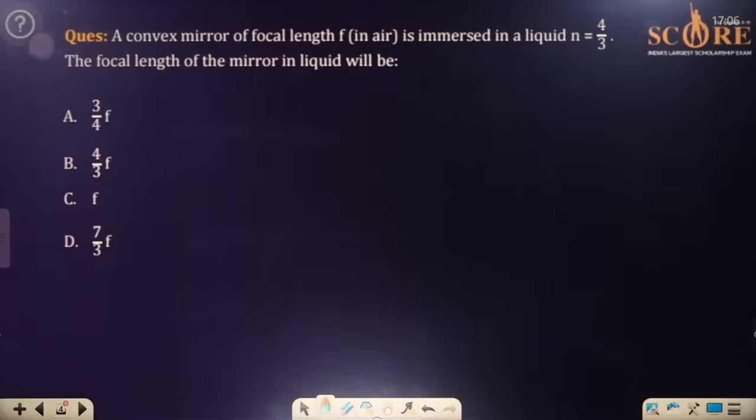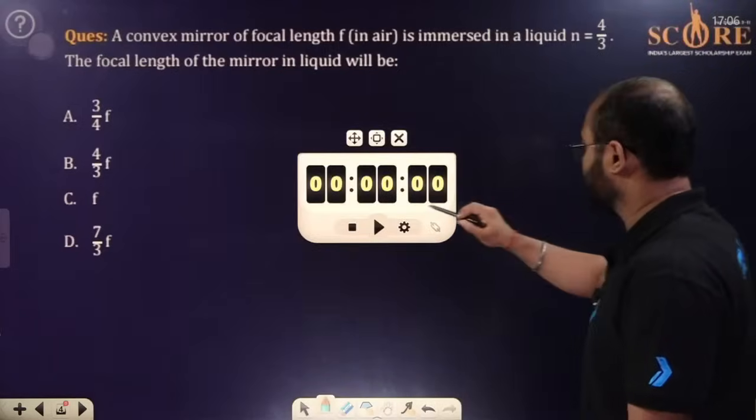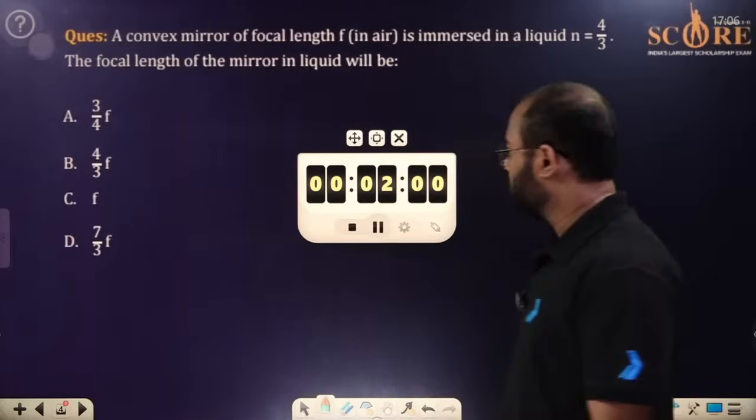Again, it is going to be a very simple question. I will just give you 2 minutes of time to solve this. Let me know your answers for this.